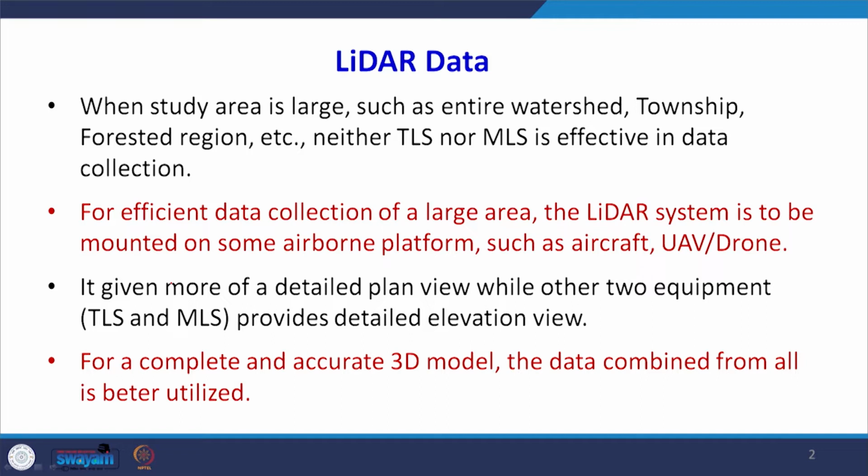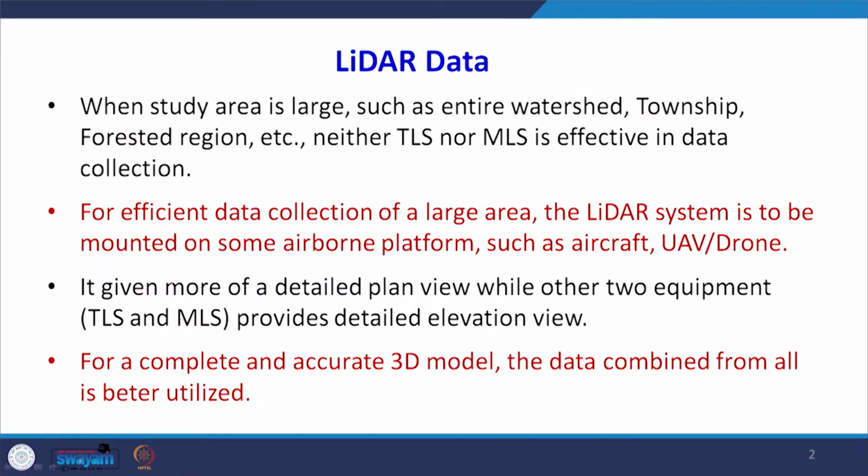But when you mount a sensor on an airborne platform, the sensor looks downward, so it covers the plan of the region. We see the plan of the different objects from the top. For example, for a building we will see the area of the rooftop and not the height of the building. So we are collecting a very large area in the shortest possible time, but we are not getting the detailed elevation data, only the plan data.